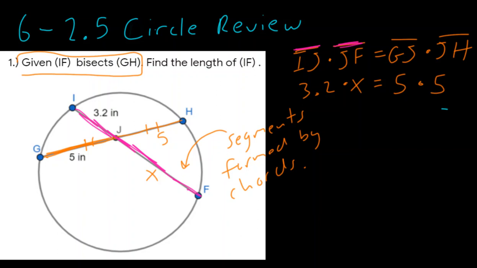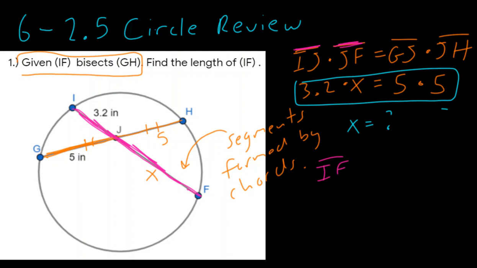Now I will leave you to solve this problem, because you're going to find out what X equals. The last thing is it says find the length of IF. Notice IF is this whole line. We could say IF is equal to 3.2 plus X. So don't forget that to finish this problem, you'll have to take that and plug it in. Alright, let's move on to our next example.